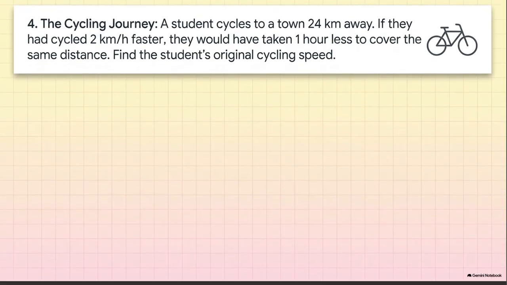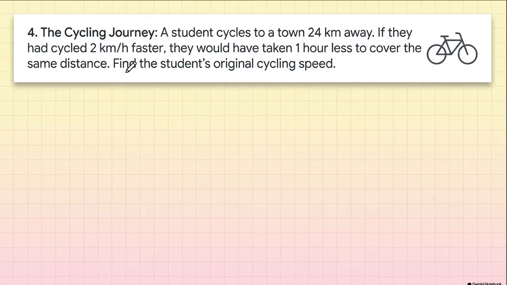A student cycled to a town 24 km away. So this is nothing but the distance given, 24 km. If they had cycled 2 km/h faster, so this is nothing but increased speed, they would have taken 1 hour less. This 1 hour less means the time difference is given, to cover the same distance.